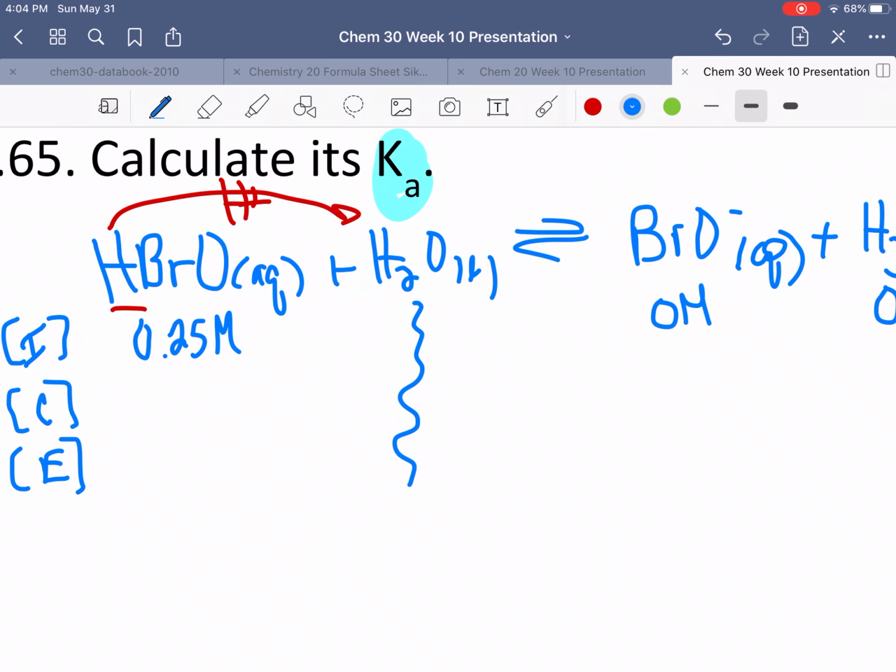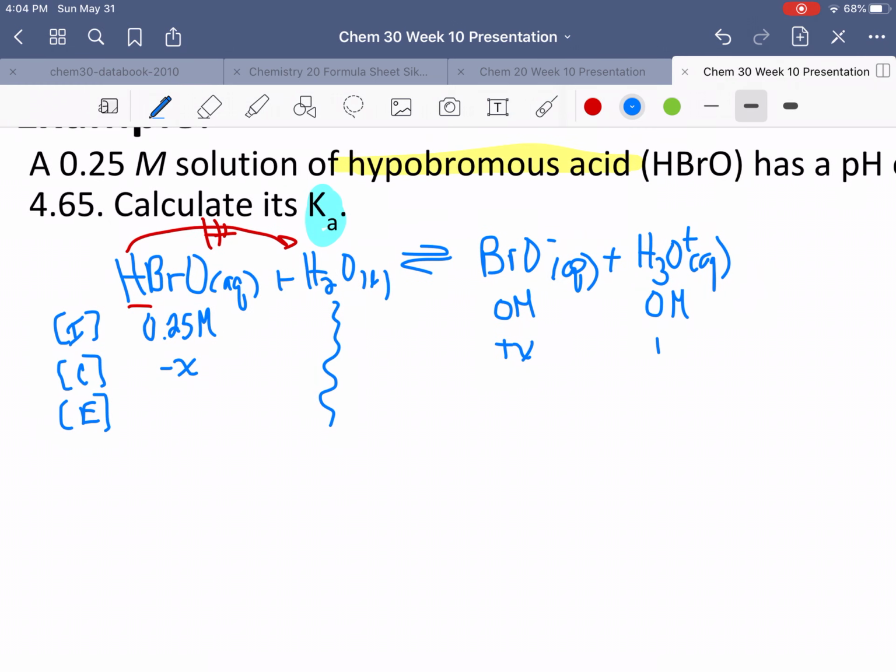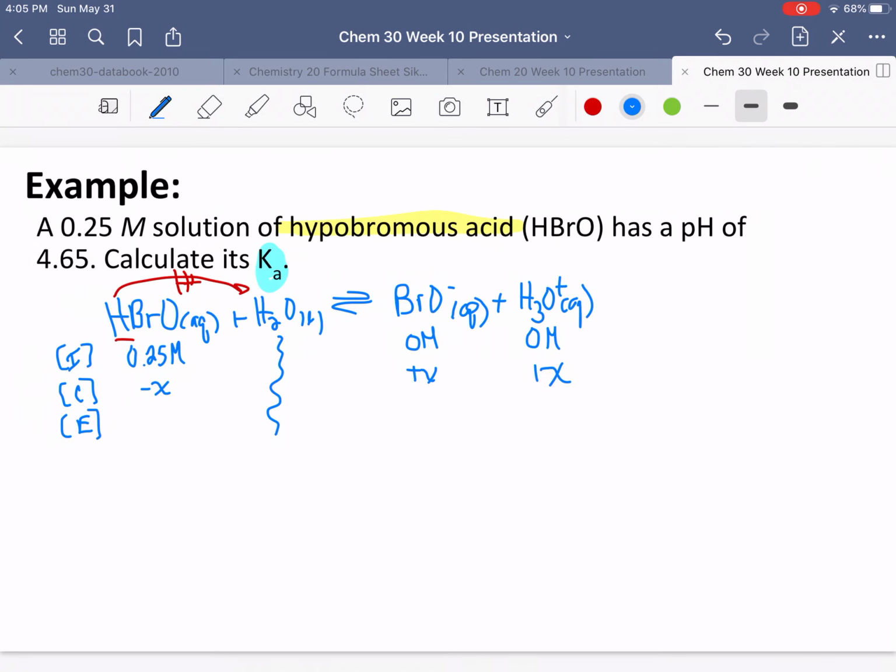So the hypobromous acid is going to go down by some X value, and the bromite is going to go up by that same X value, and the hydronium is going to go up by that same X value. The question is, well, what is that going to be? What is the final concentration?